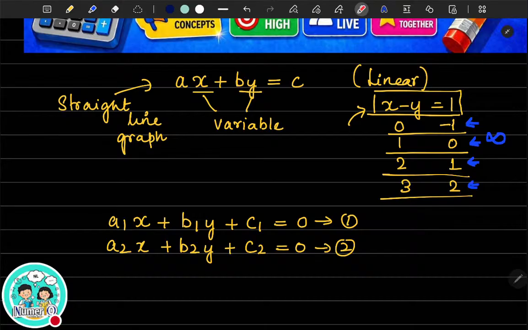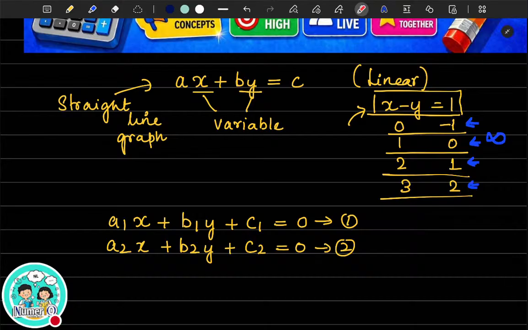Okay. So how many solutions will a single linear equation have? It will have infinitely many solutions. Because for any value of x, suppose your x is 10, what will be the value of y? Y will be 9. If your x is 11, what will be your y value?